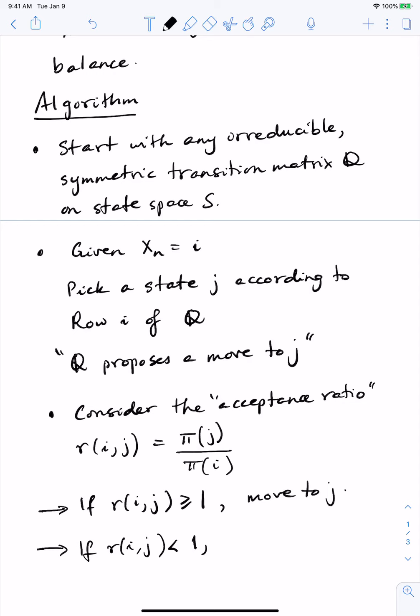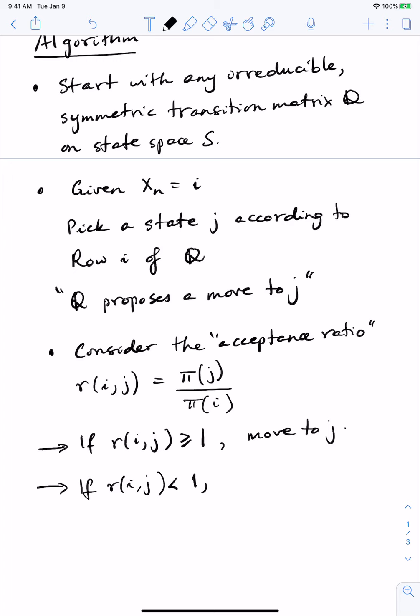Except that this risks spending time at local maxima. And so what the algorithm does is it puts in a little bit of additional randomization to give us a chance of getting out of local maxima.